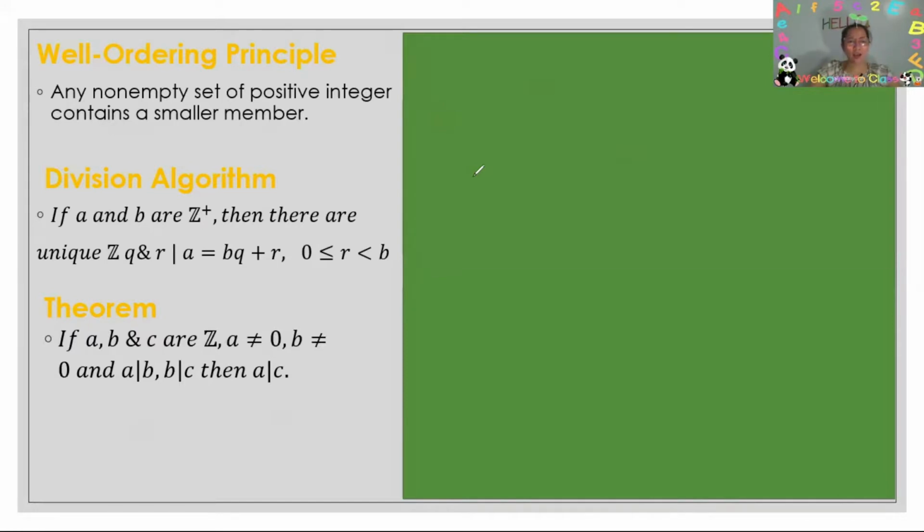If A and B are any positive integers, then there are unique integers Q and R such that A is equal to B times Q plus R, wherein R is greater than or equal to 0 but less than B. So take note with this portion here.